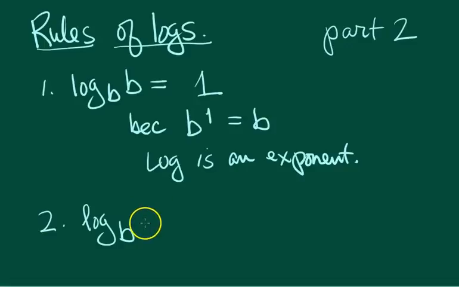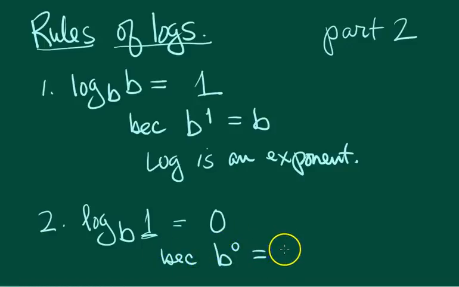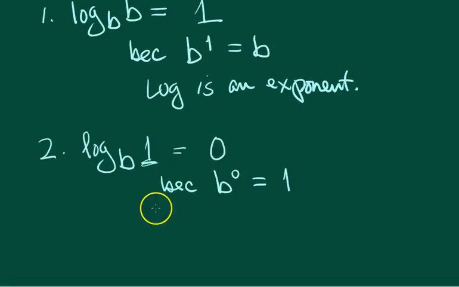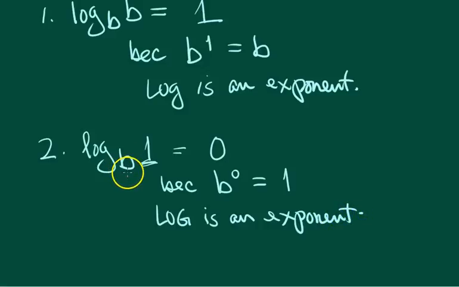The log base b of 1 is 0 because b raised to the power 0 is equal to 1, and as we're just saying, log is an exponent. So I want to think of what exponent I put on b to give me a 1. That's 0. Okay.